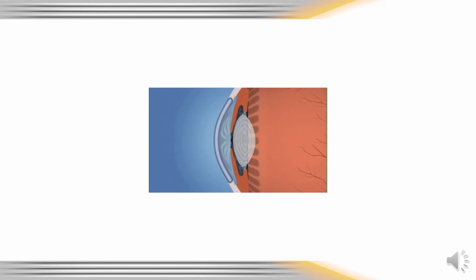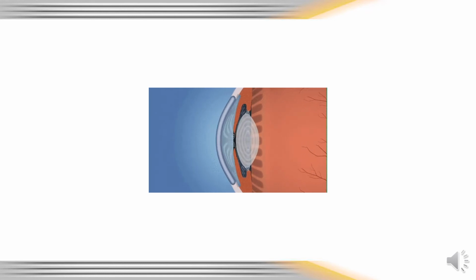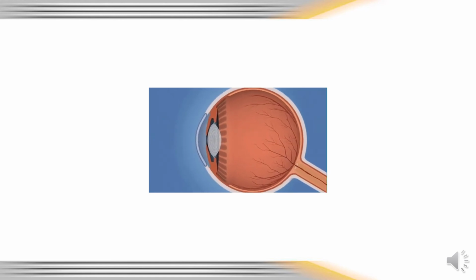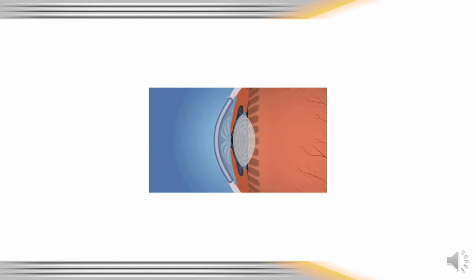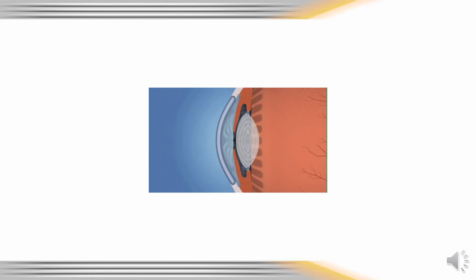This animation delineates the movement of the aqueous humor from its secretory part in the ciliary body through the posterior chamber, through the pupil, into the anterior chamber till the angle of the anterior chamber where its drainage occurs.